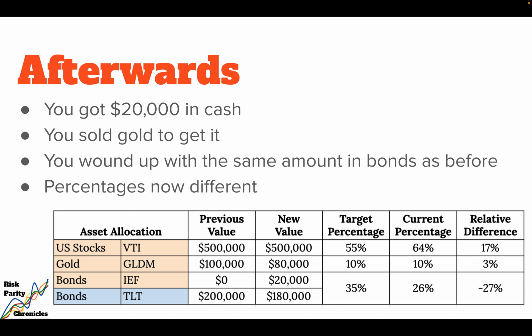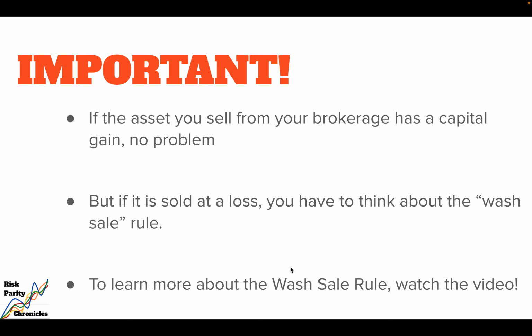I wound up selling the gold to get it. My gold went from $100,000 in total down to $80,000, and I wound up with the same amount in bonds as before, now split over two different accounts and two different particular assets. You'll see here the percentages are now different because now I've lost the money out of gold.